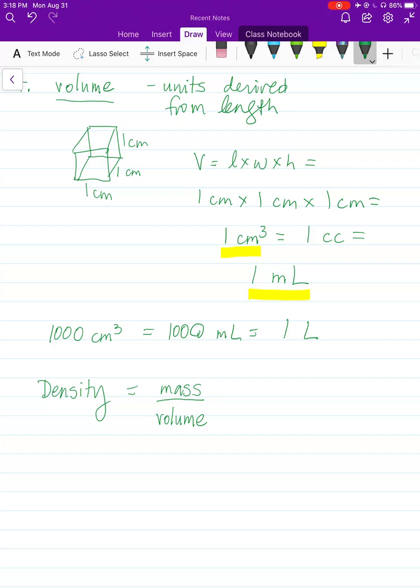So the units of density would be grams, which is the SI unit of mass, over milliliters, which is the SI unit of volume. Or you could also express it as grams per cubic centimeter, or grams per liter, or gram per any unit of volume, depending on how you want to scale up the unit.